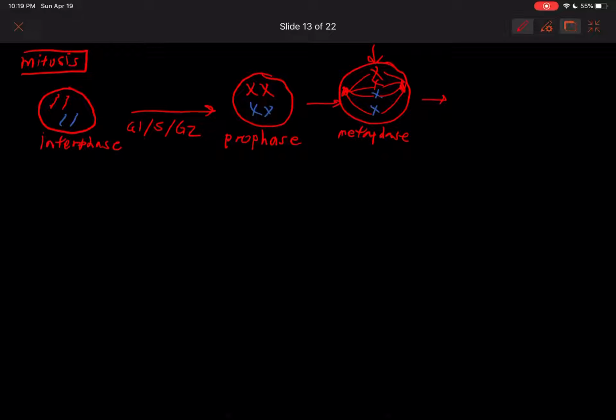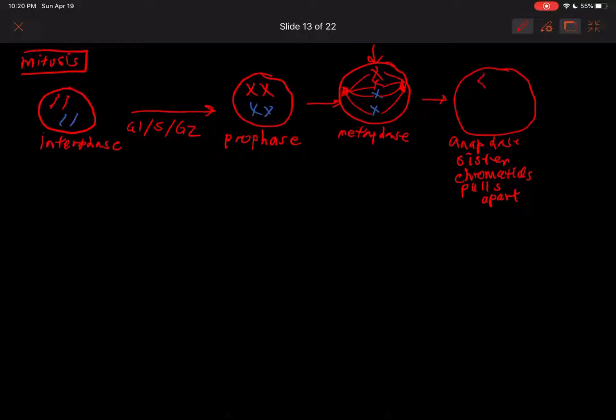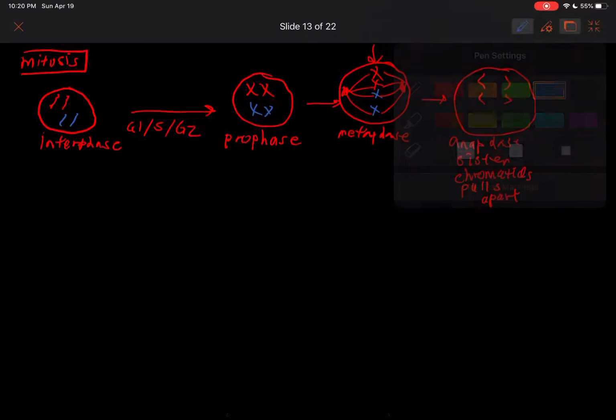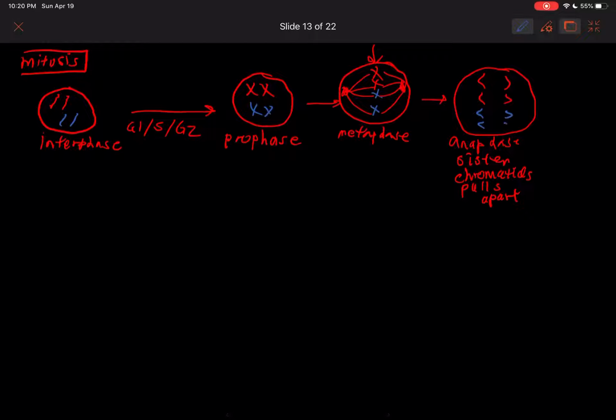And then during anaphase is when the sister chromatids pull apart. So you end up with the pulling apart of the sister chromatids.